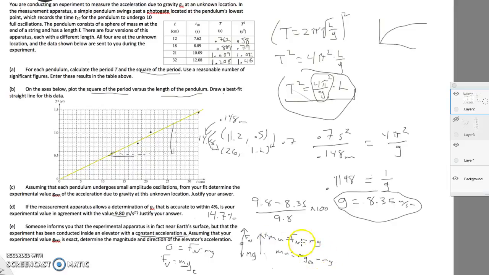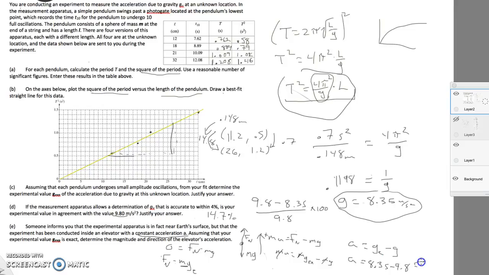And so m is going to drop out of the equation, and so a is going to be equal to g experienced minus g, so that a is equal to 8.35, or the g experienced by the pendulum, minus 9.8.